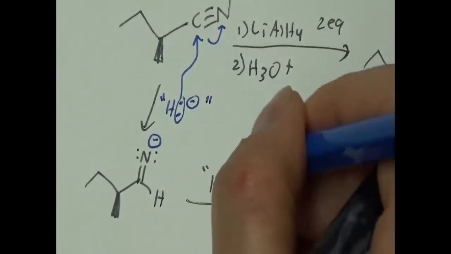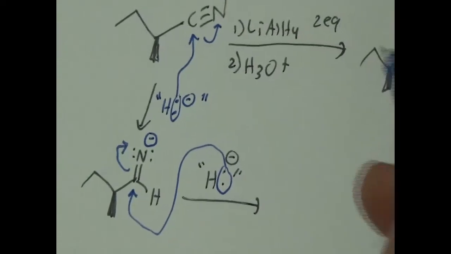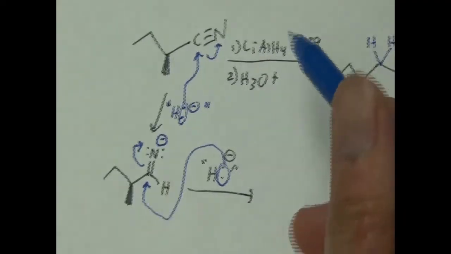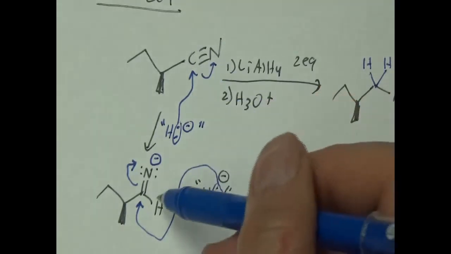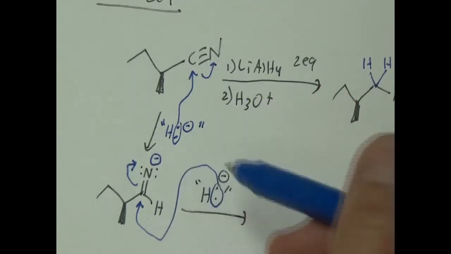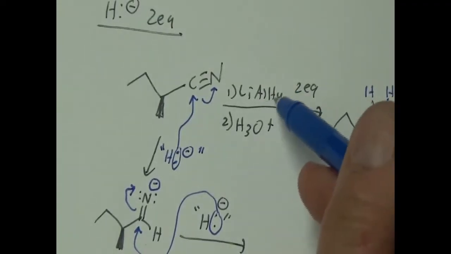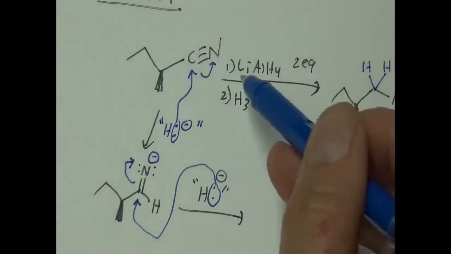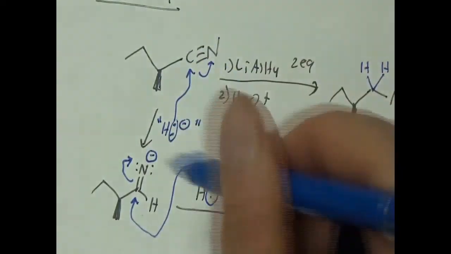It does it again immediately. This is what I was saying that's kind of different about reduction versus Grignard attack. With Grignard attack, it attacks once and then it stops. But with the reduction, with H:⁻ two equivalents or lithium aluminum hydride, it reacts once, then it reacts again a second time.